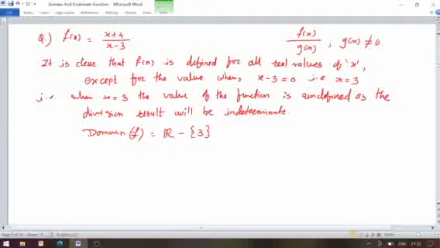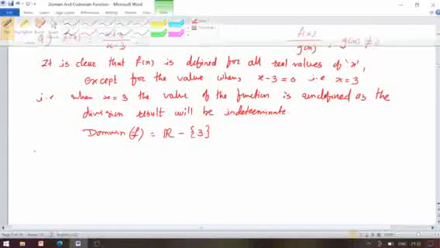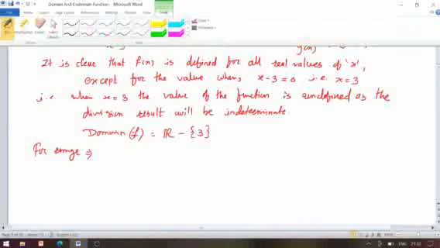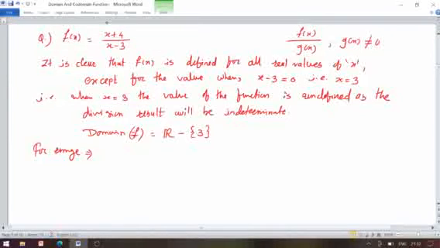Now for finding the range of the given function, I would like to write here for range. So we have y equals x plus 4 divided by x minus 3.